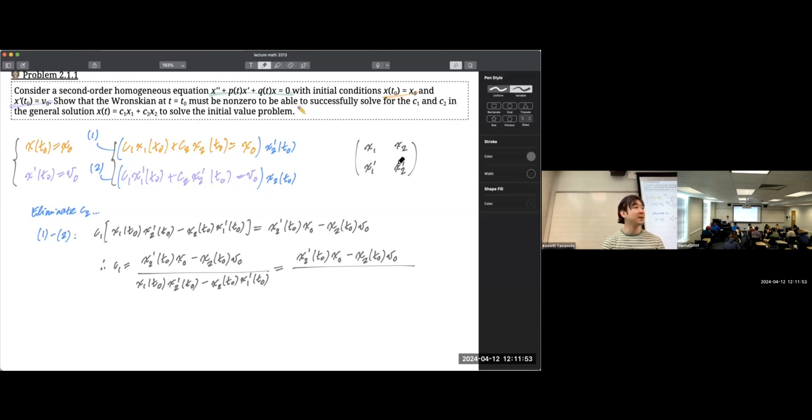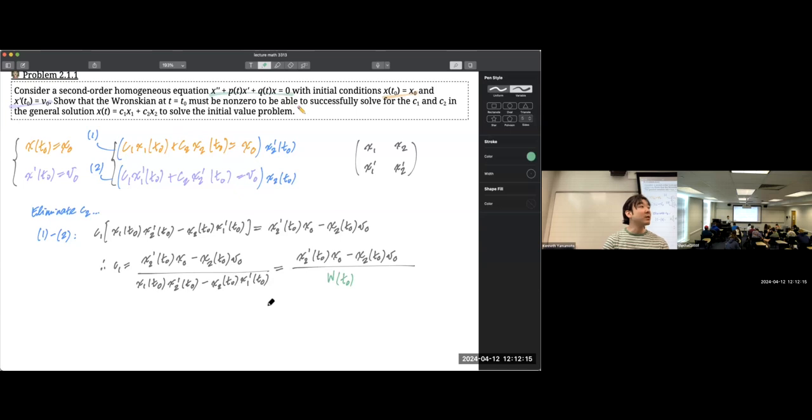It's called the Wronskian, right? This bottom one is exactly the determinant of this, because x1 times x2 prime minus x2 times x1 prime. This is exactly the Wronskian, but evaluated at the initial time t naught.